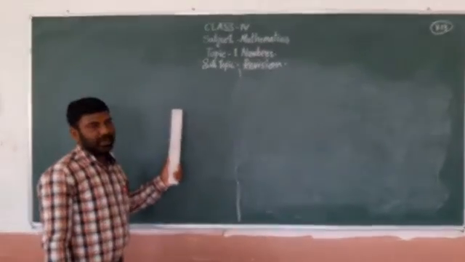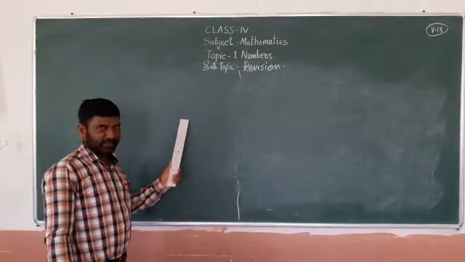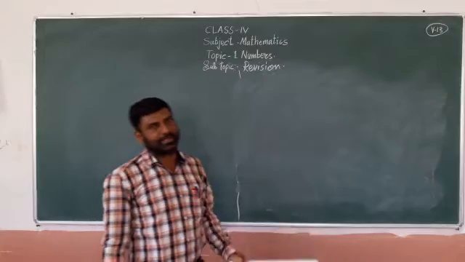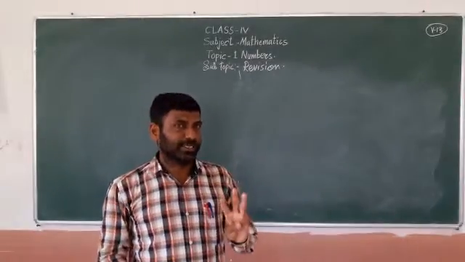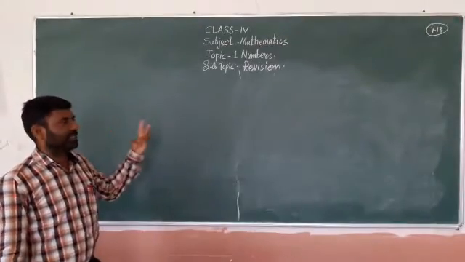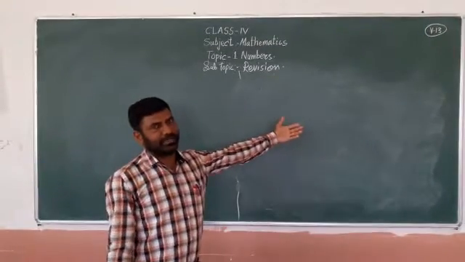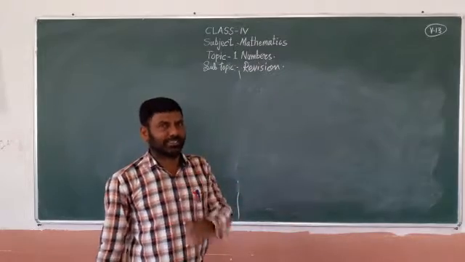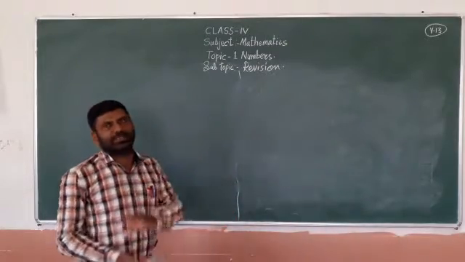Then next period, thousands period, has 2 places in Indian place value, and in international thousands period has 3 places. Then in Indian place value lakhs period has 2 places, in international place value next period is millions period having 3 places. Likewise, these are the major differences between these two place value systems.